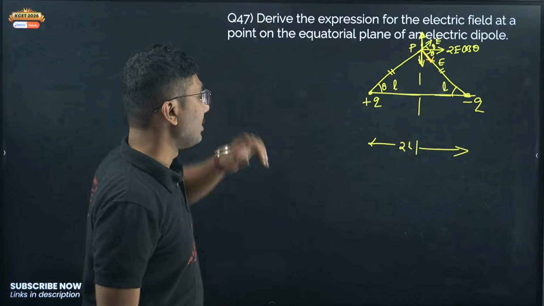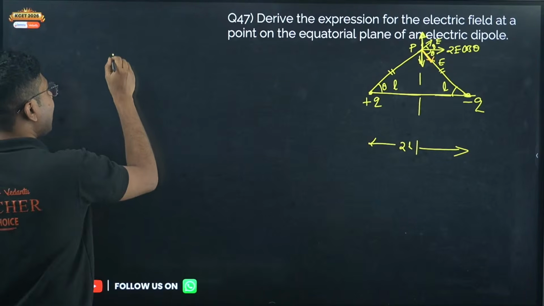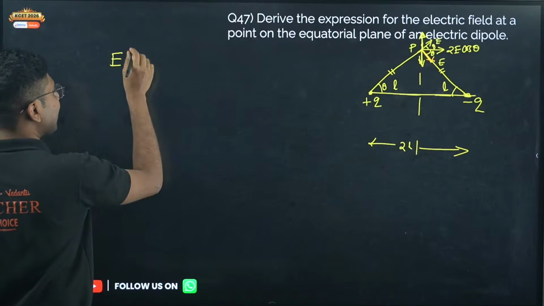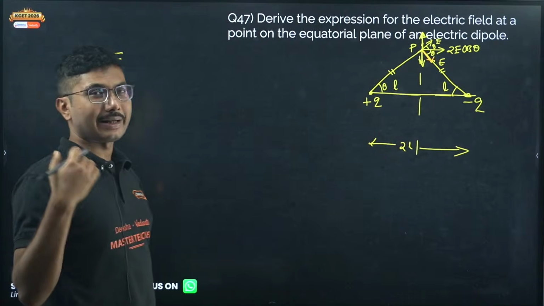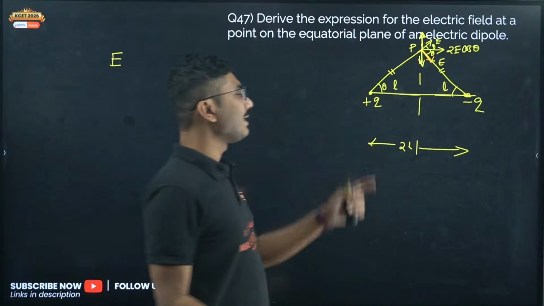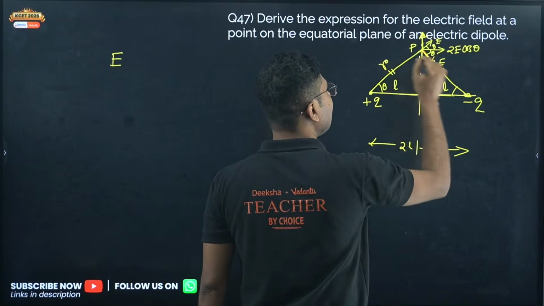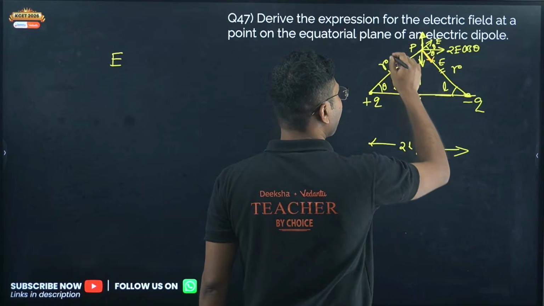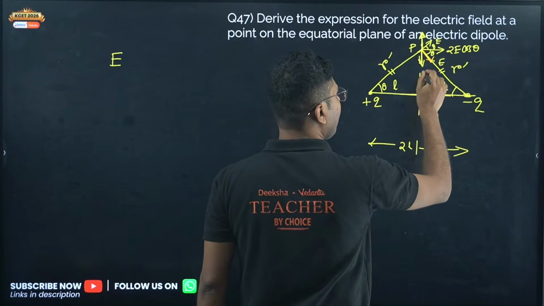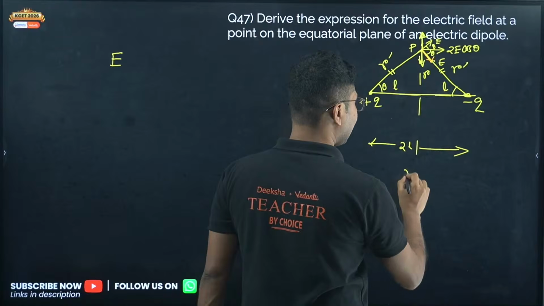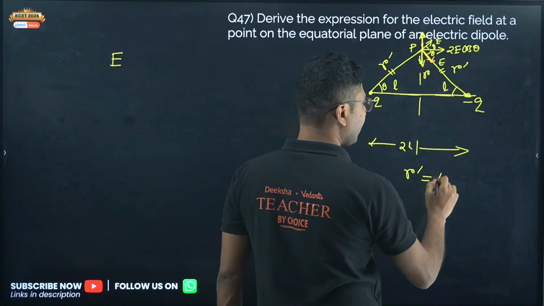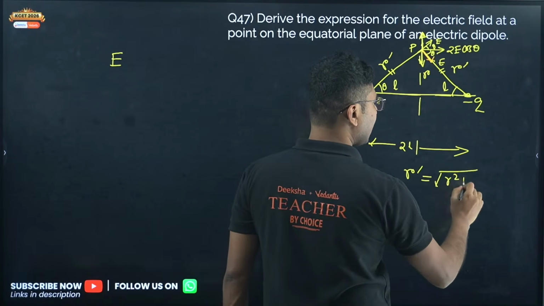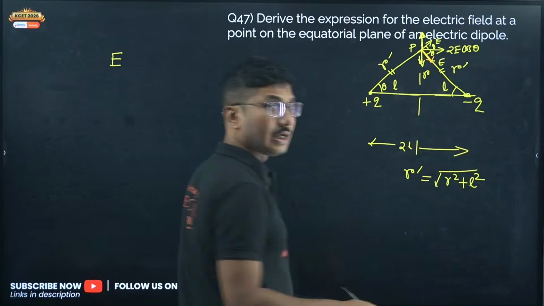Now you have to start writing with this. The electric field due to the positive charge and negative charge will be the same in magnitude because they are equidistant, and that distance is given by square root of r square plus l square. This is from Pythagoras theorem.